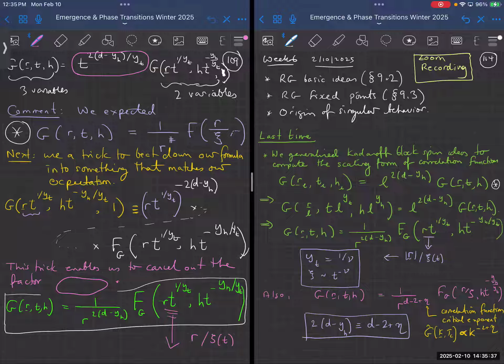From this, we were able to reverse it to this form over here. So this in fact is the scaling form for the two-point correlation function.